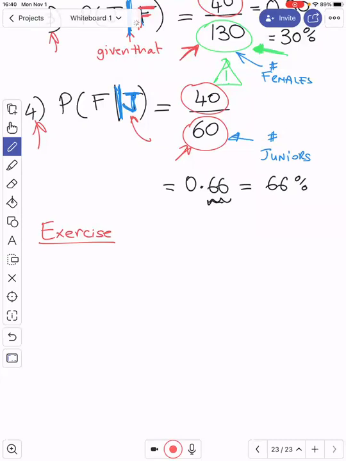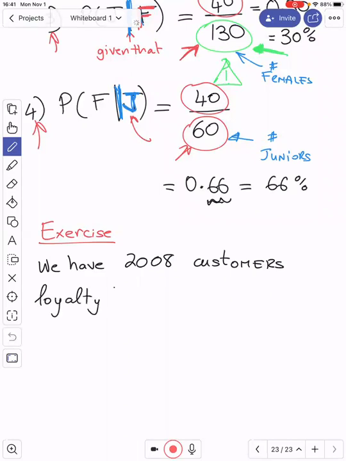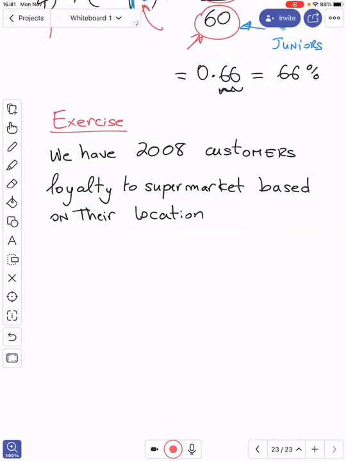So we have a survey of 2008 customers, and their loyalty to the supermarket based on their location is given by the following table.